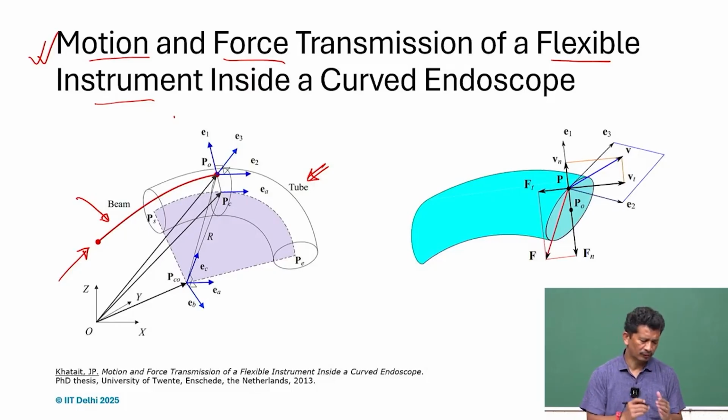This instrument is very flexible, so it interacts with the wall and comes in physical contact. Because these instruments are very long, slender structures, and because of the friction when it interacts, we'll have many issues.